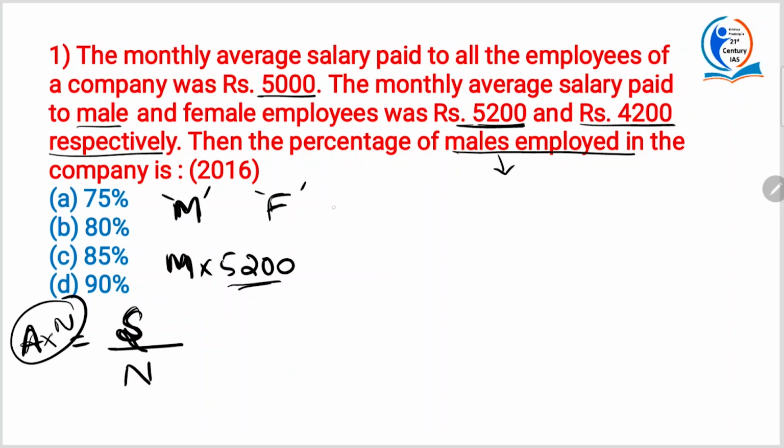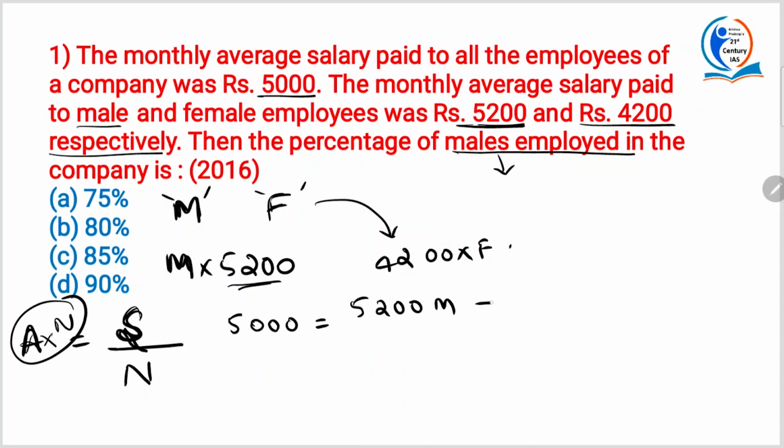Now, what is the total salary of all the females put together? It is 4,200 into F. And it's given that average of salaries of all the employees is 5,000. Which means 5,000 is equal to (5,200 M plus 4,200 F) by (M plus F). Why did I add these two?